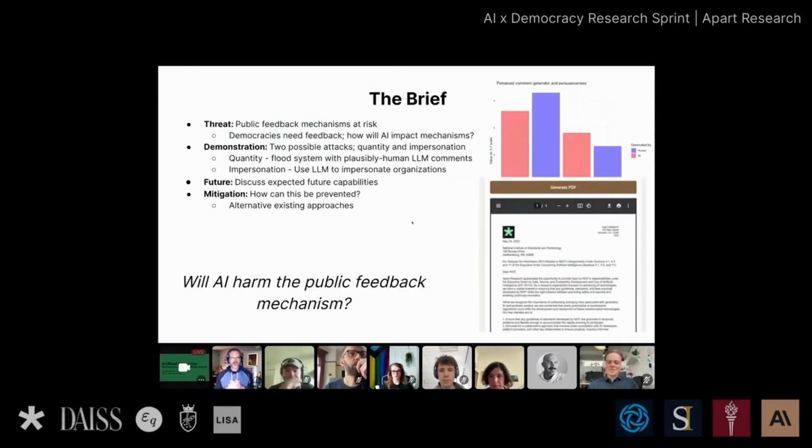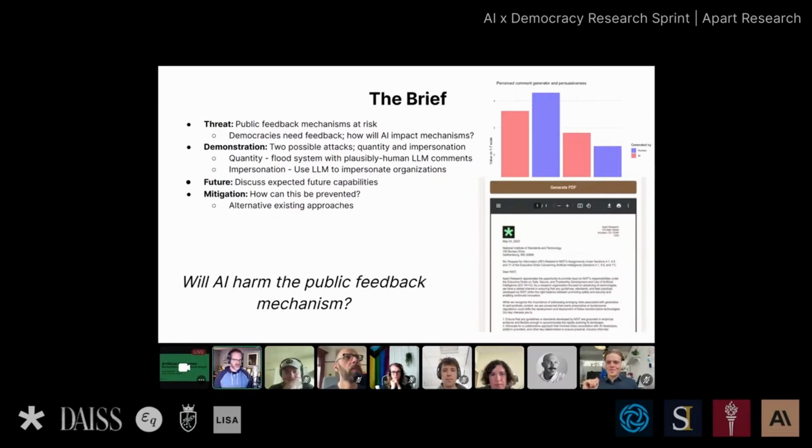The brief is, here's the threat. Democracies need public feedback systems, and AI may threaten those systems. So we looked at two possible attacks on an existing system that gets feedback from the public. One attack is quantity, the second is impersonation. The quantity attack is the theory that you could use an AI system to flood these public feedback mechanisms with plausibly human comments.